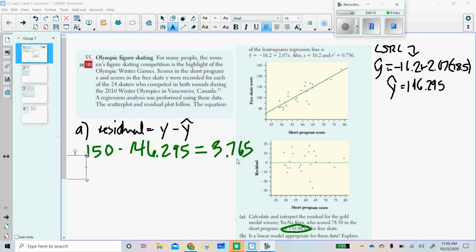It says calculate and interpret. That's really common. Make sure you look out for that wording. I need to say what that 3.765 is. Because it's positive, that tells me that our actual score was higher. So let's see, here we go.